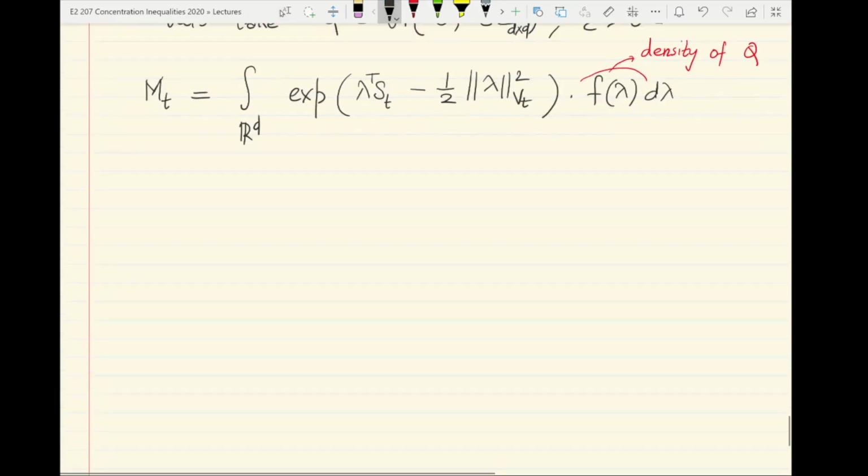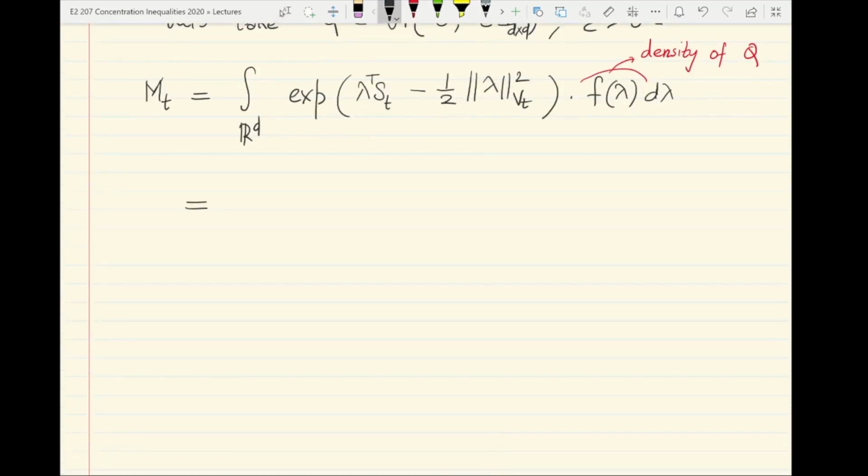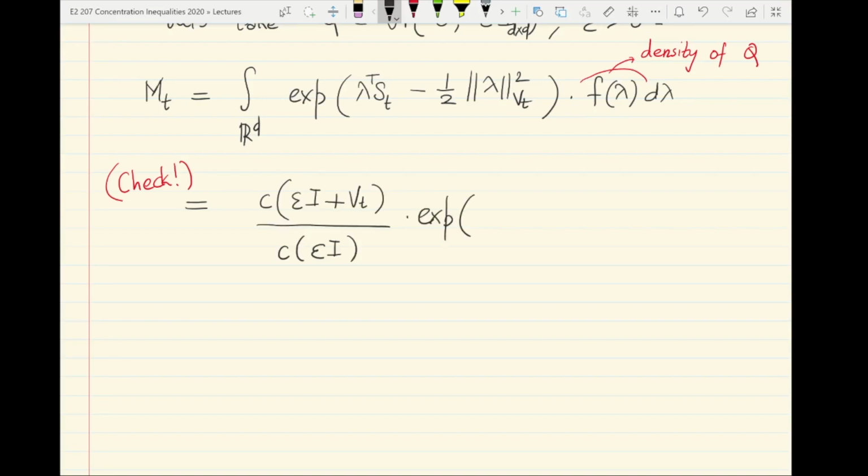And after some straightforward linear algebra, which you can verify, you can show that this is exactly equal to C of epsilon I plus Vt divided by C of epsilon I, into, remarkably, e raised to half St squared, weighted by epsilon I plus Vt inverse.